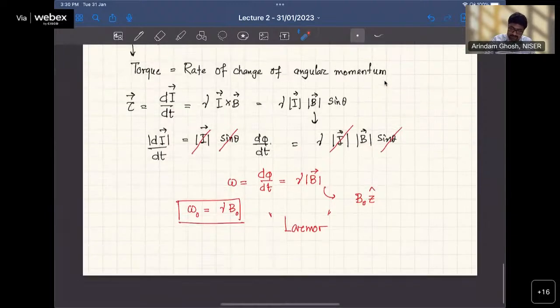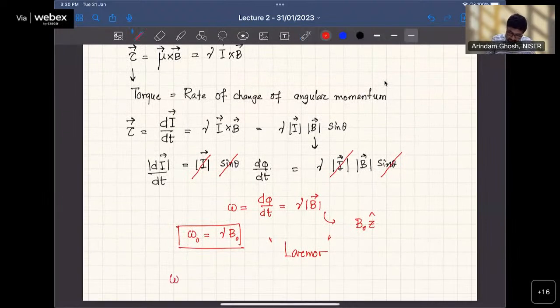So we can write that omega as a vector is minus gamma times B as a vector. This is the relationship: not only the magnitude but the vector has a negative sign here.